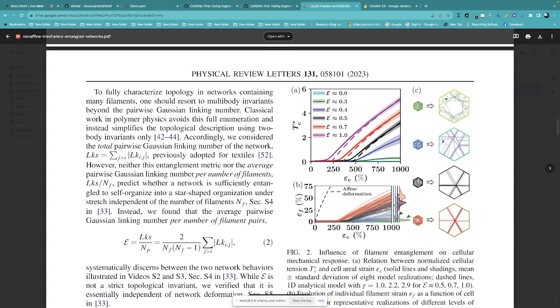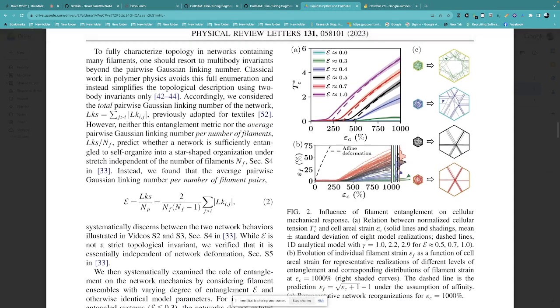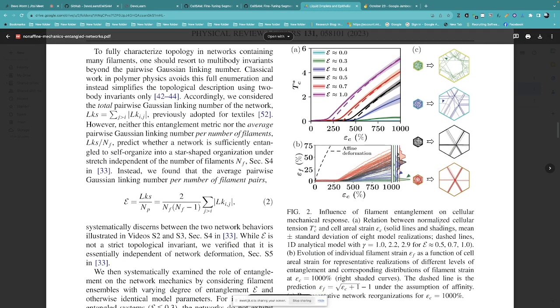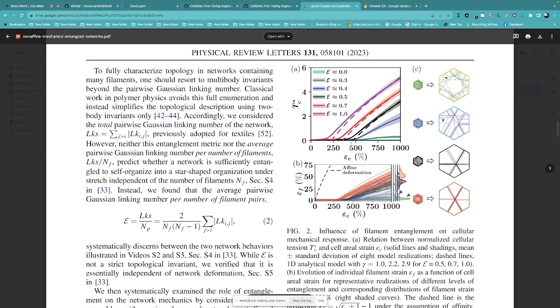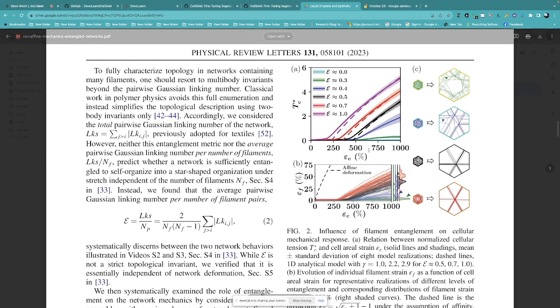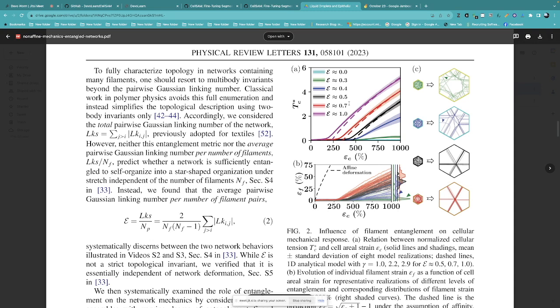Where you have a sparser network of more bundles, you get a higher TC, which is the normalized cellular tension. And this is cell areal strain, so as this number increases, the area increases. That's what they're showing here.